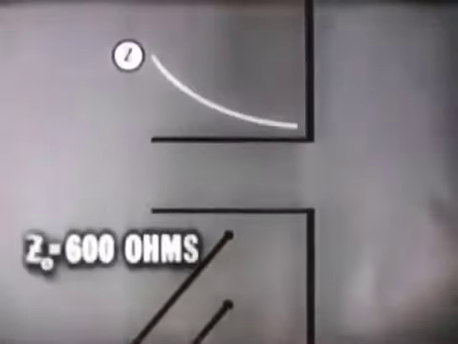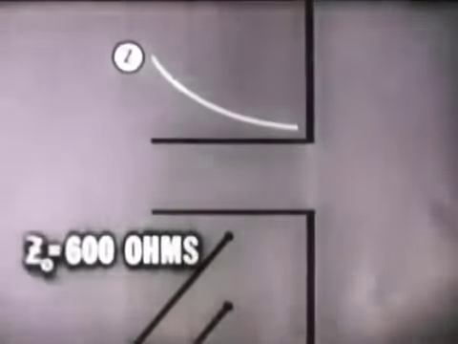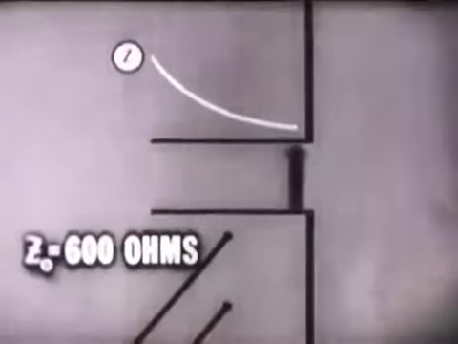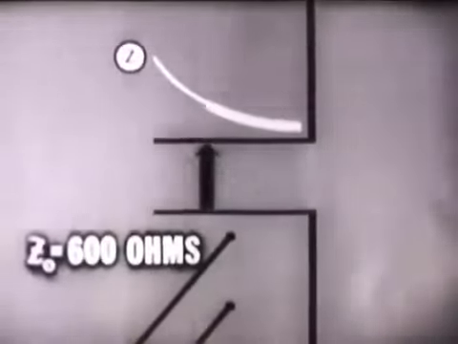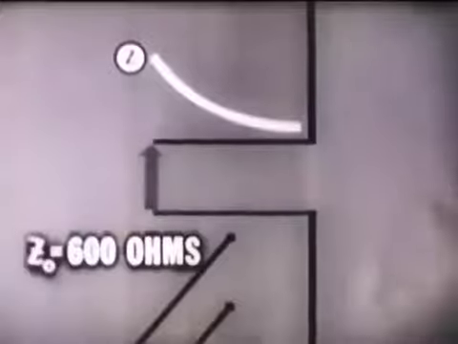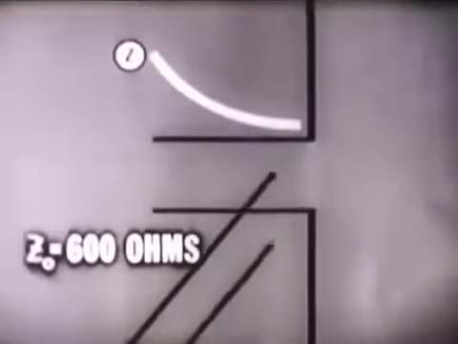There's still another way to match the characteristic impedance of a transmission line to the antenna. This method is called stub matching. Let's say we're given a transmission line with a characteristic impedance of 600 ohms. We know that a matching value in ohms can be found at some point along the length of the stub. Let's start looking.